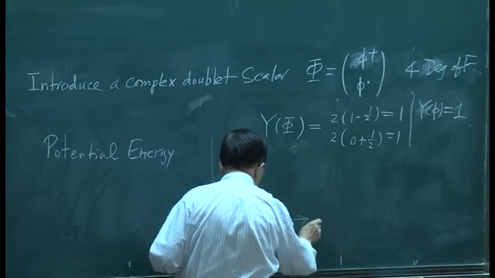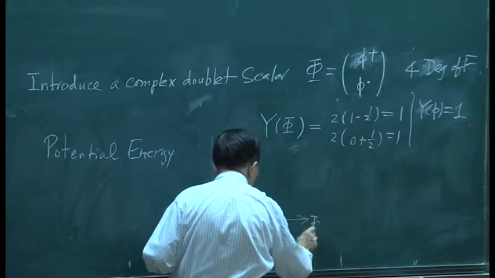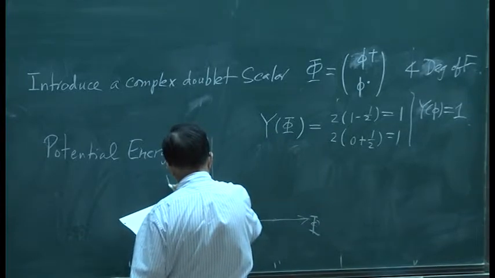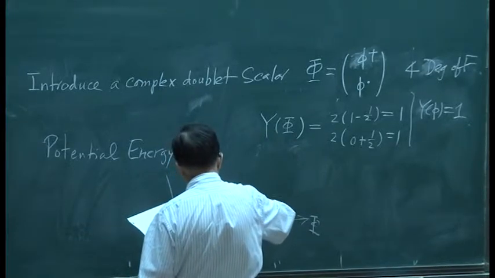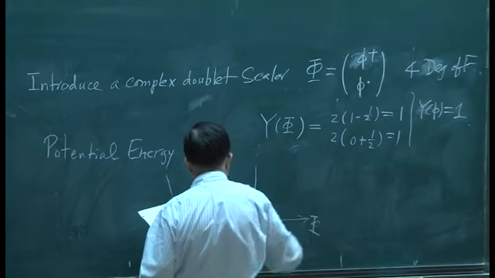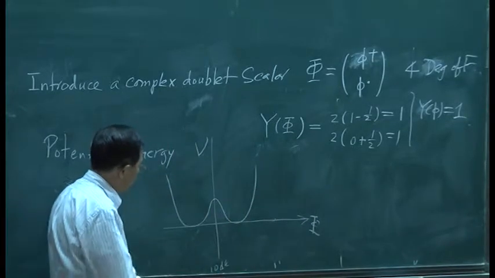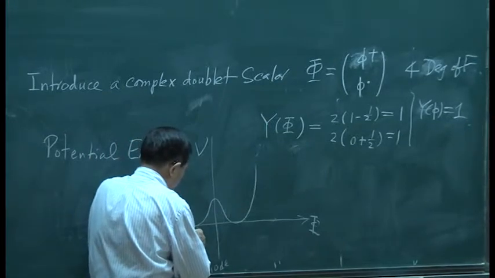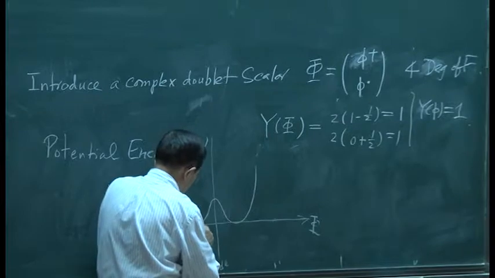Here's the phi, and then the V, and you have something like this. Now you should imagine that this is 3-dimensional, actually it's 4-dimensional.